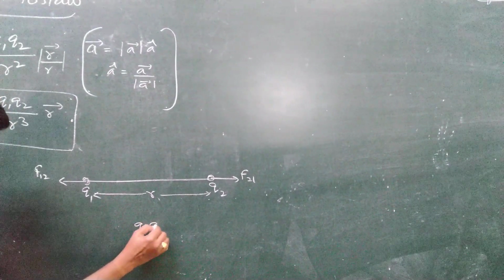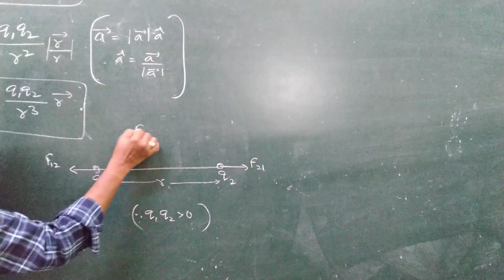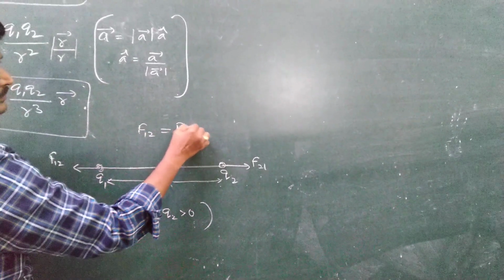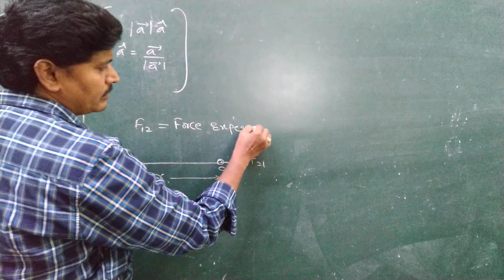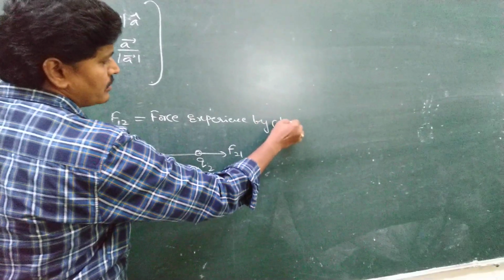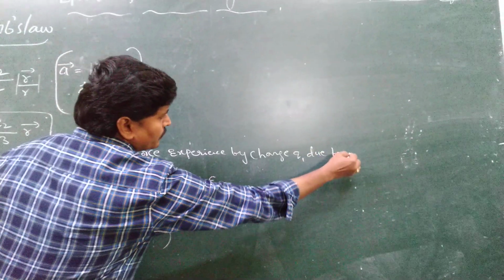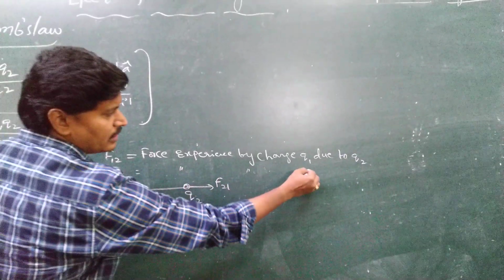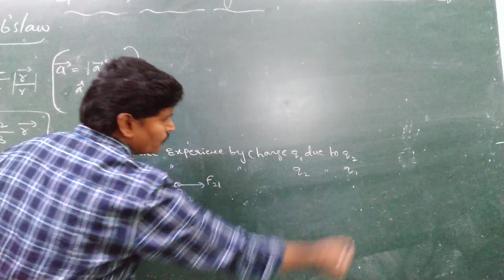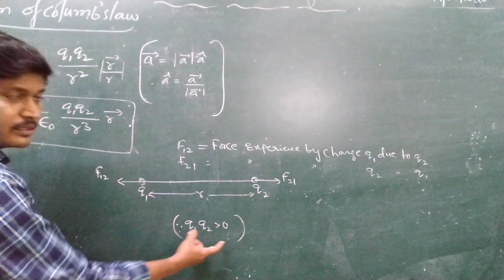Here F12 is the force experienced by charge q1 due to q2, and F21 is the force experienced by charge q2 due to q1. This is when the product of the charges is greater than 0.